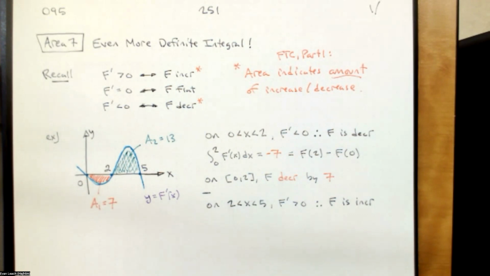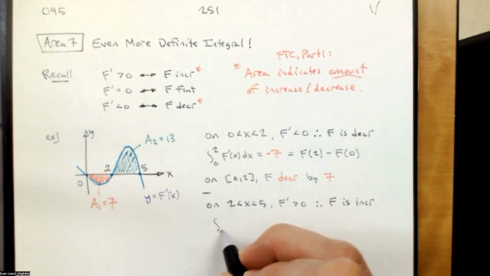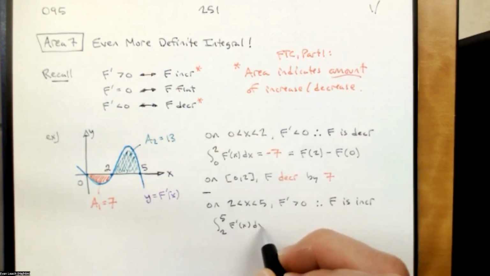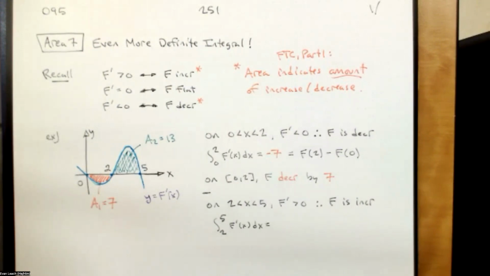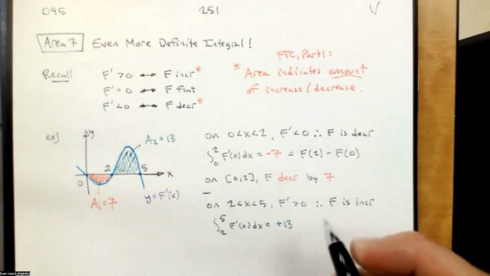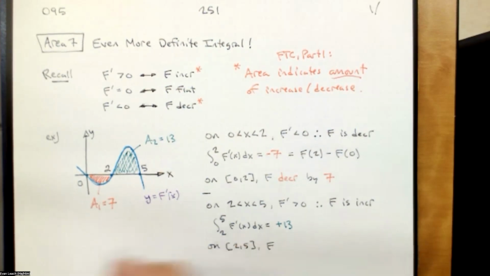We know by how much the function increased. Since the definite integral from 2 to 5 of capital F prime of x dx is equal to positive 13, we could say on the interval from 2 to 5, F increased by 13.